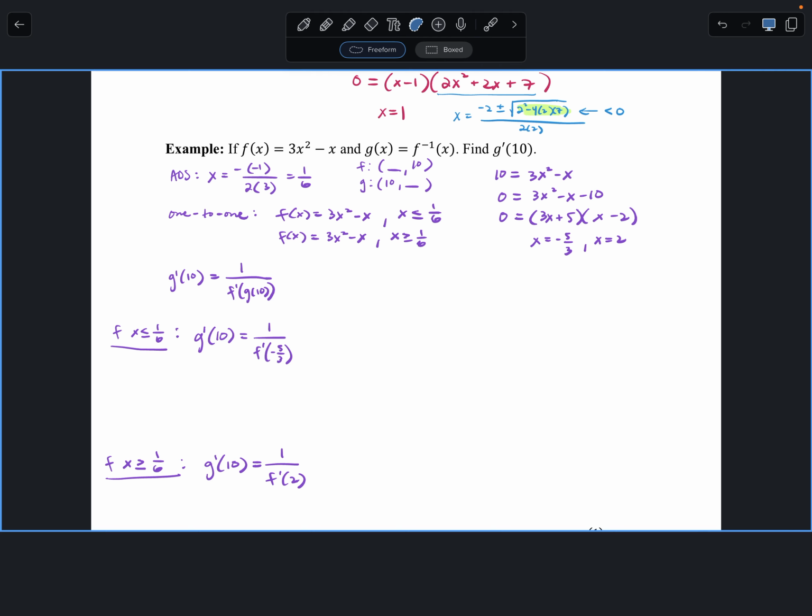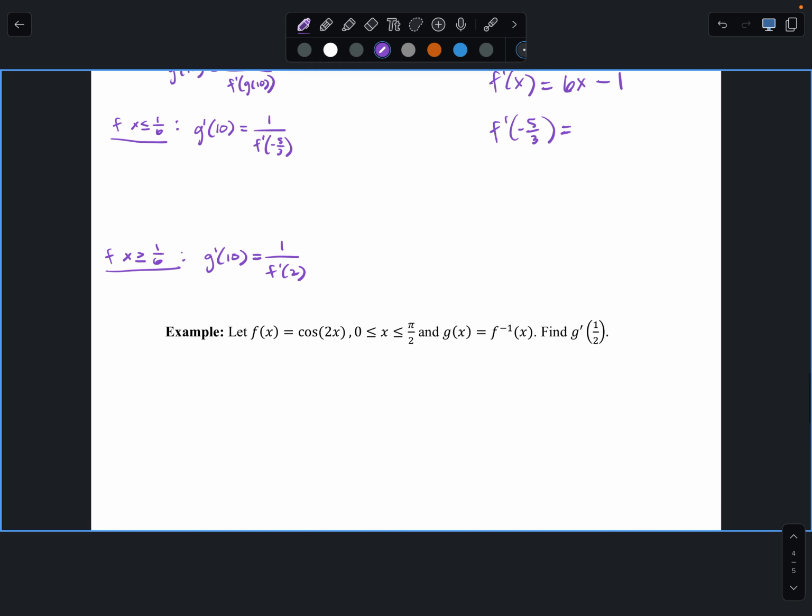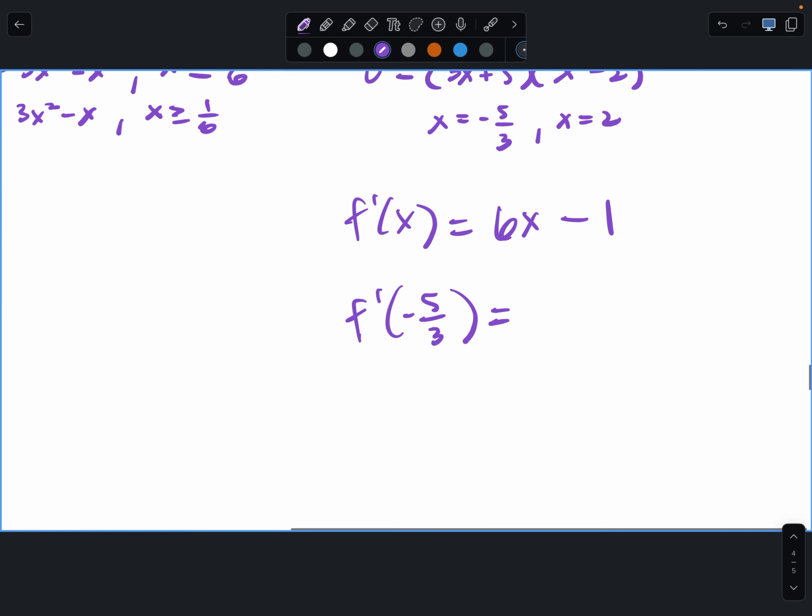It's just showing that there ends up being two different values for g prime of 10 depending on the domain that f was restricted on. So we still need f prime. So 6x minus 1, so we could find f prime of -5/3. So 6 times, was that -11?